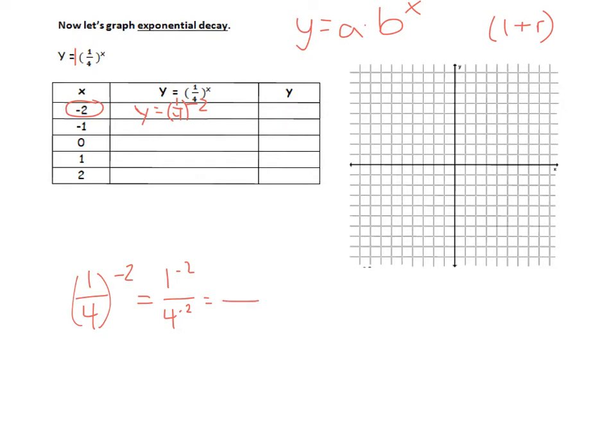So I'm going to move the 1 to the bottom and make the power positive, so 1 squared. And I'm also going to move the 4 that has a negative exponent to the top and make the power positive. So now we have 4 squared, which is 16, over 1 squared, which is 1. So we have 16 over 1, which is just 16.